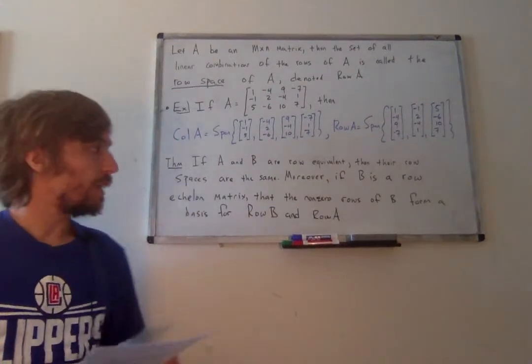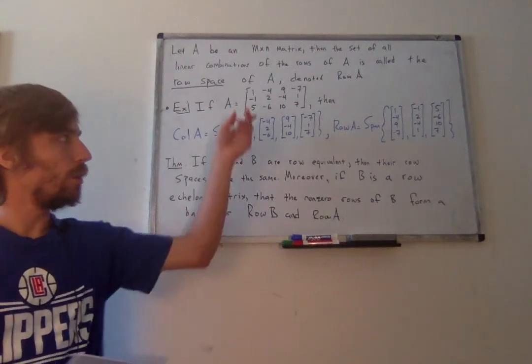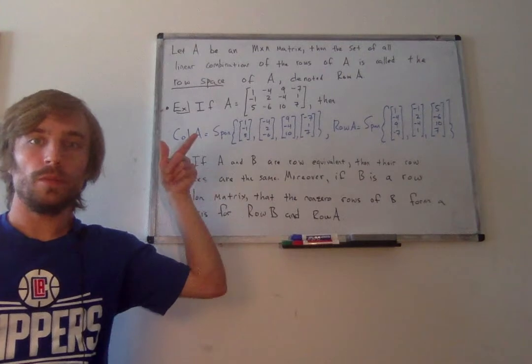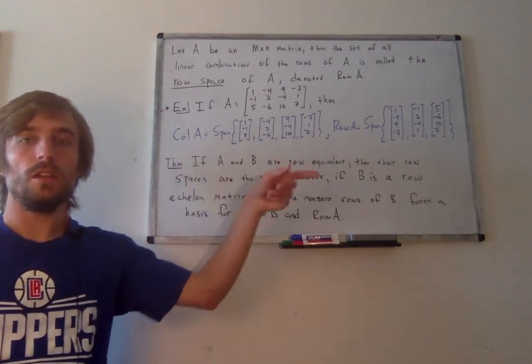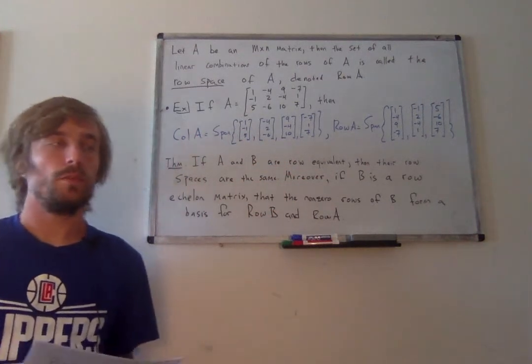So how do we find a basis for the row space of A? Well, we just row reduce until we get to a row echelon form, and we take all of the non-zero rows extending across the matrix.